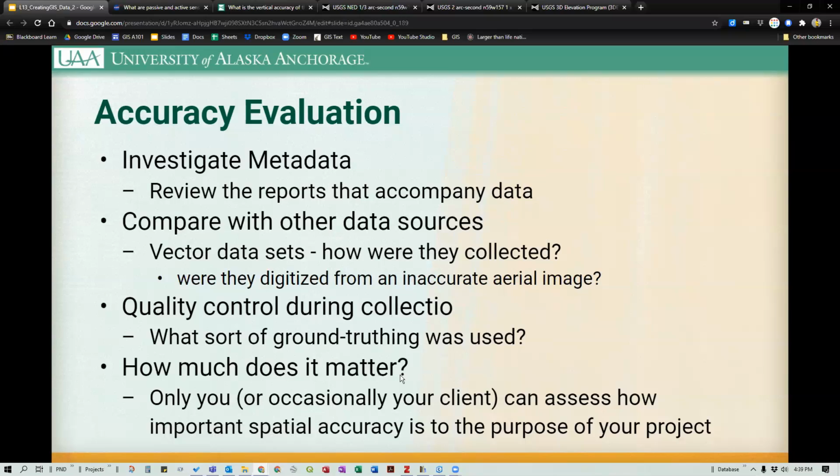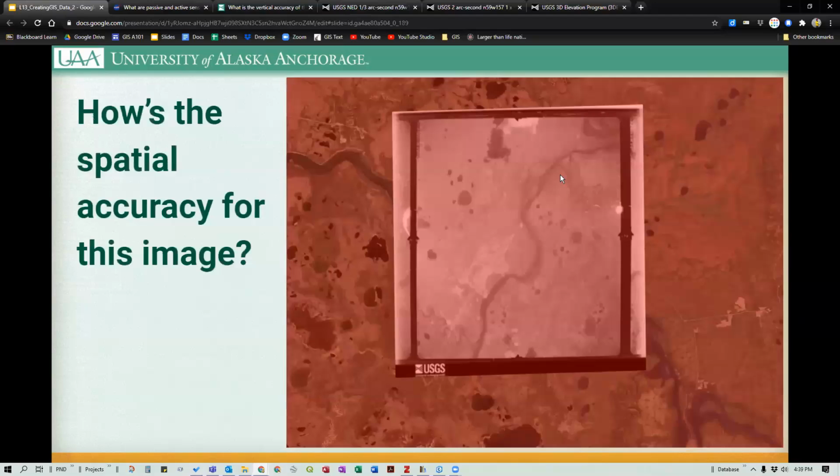A client might pay somebody money to collect all of this information and digitize it and put it into a GIS data set, and not understand that the positioning was entirely at the whim of the GIS analyst that geolocated these using the built-in georeferencing tool in ArcGIS and didn't necessarily have high accuracy control to base that upon.